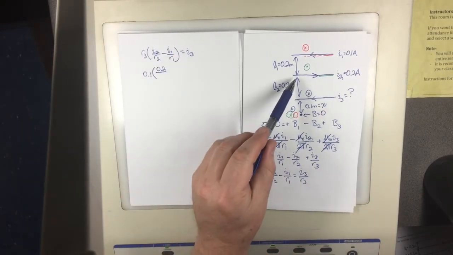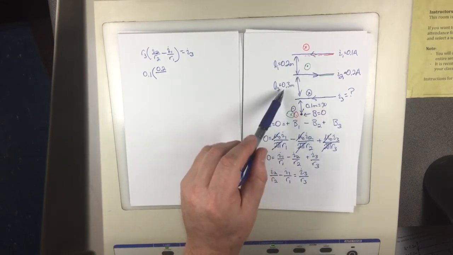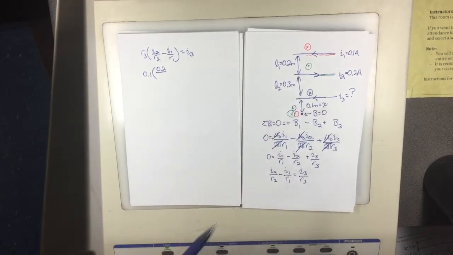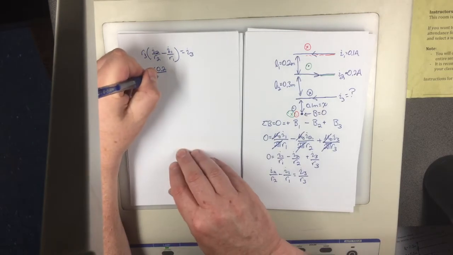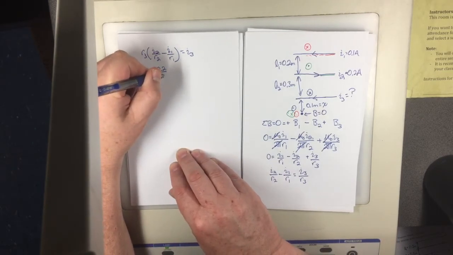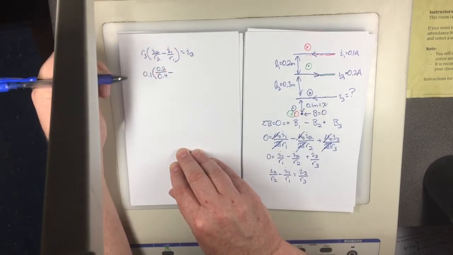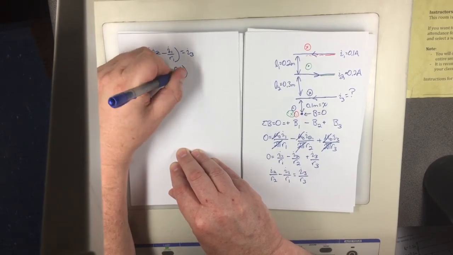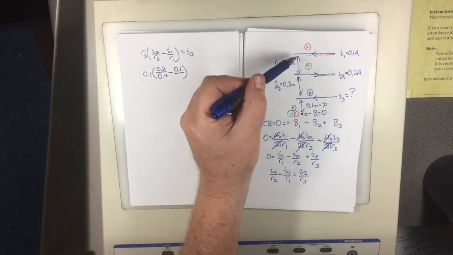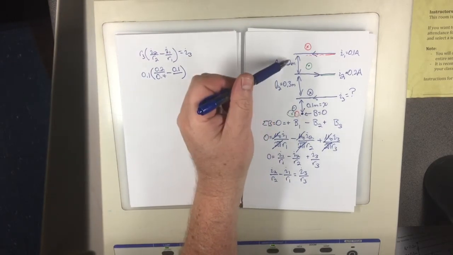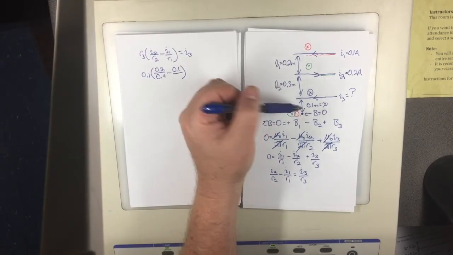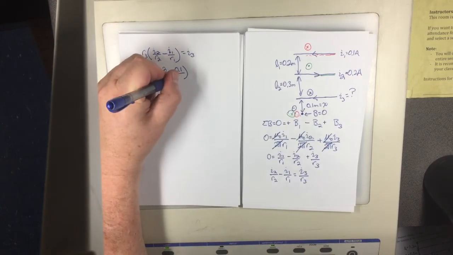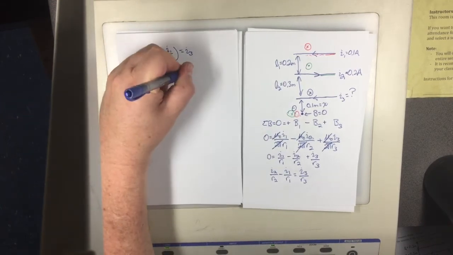R2 is the distance from there to there, 0.3 plus 0.1, or 0.4. I1 is 0.1. R1 is the distance from there to there, 0.2 plus 0.3 plus 0.1, or 0.6.